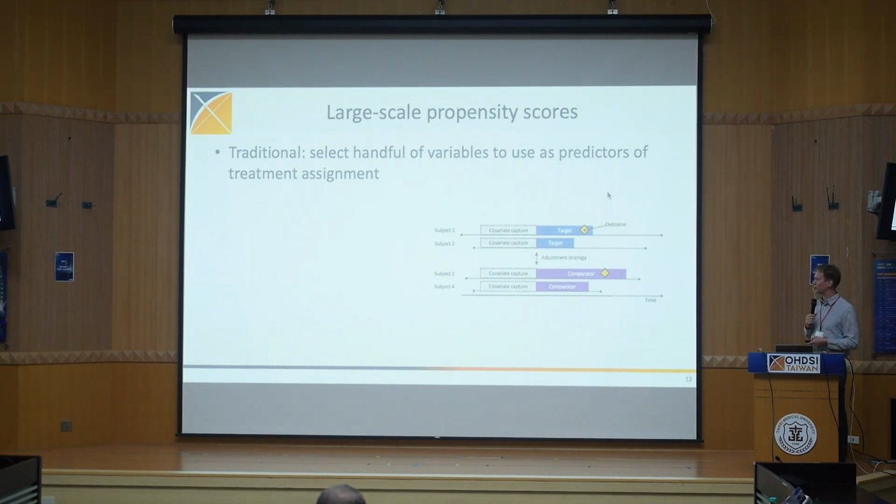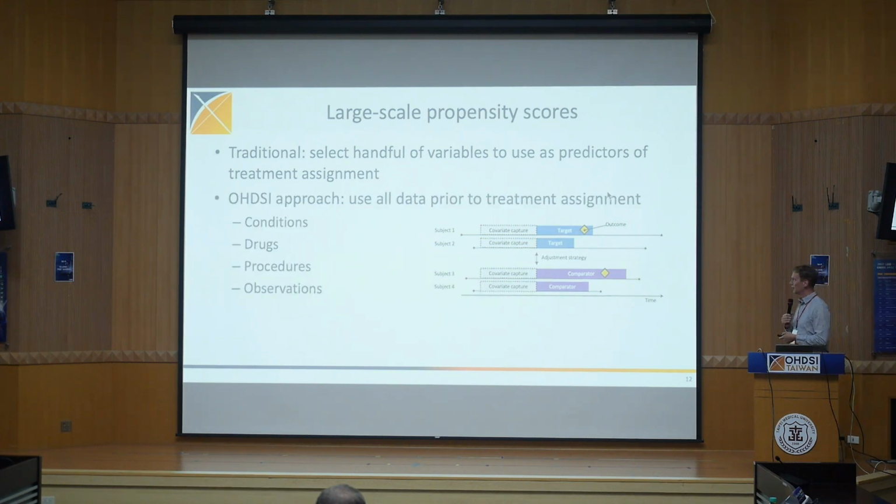So in OHDSI, we do an automated approach where you have the index date where they make the decision, and you take all the data before that, and just use all the data that you have. We talked about the common data model this morning. You know you have conditions, drugs, procedures, and observations. So why not create a covariate for each and every one of those things?